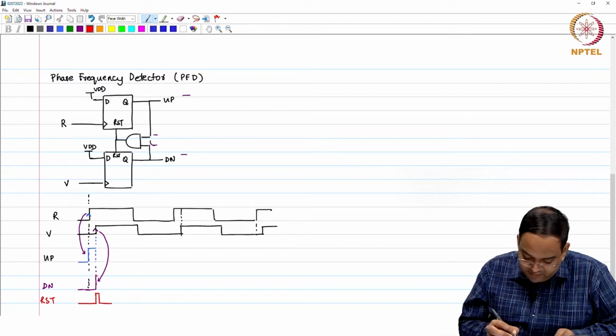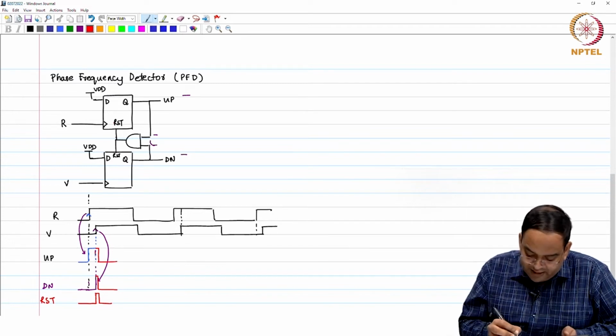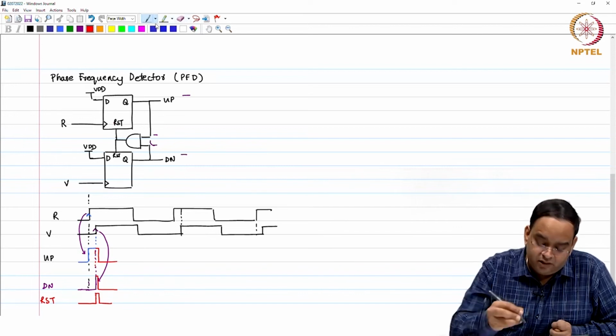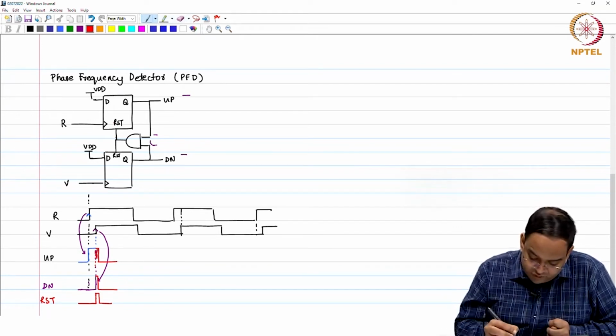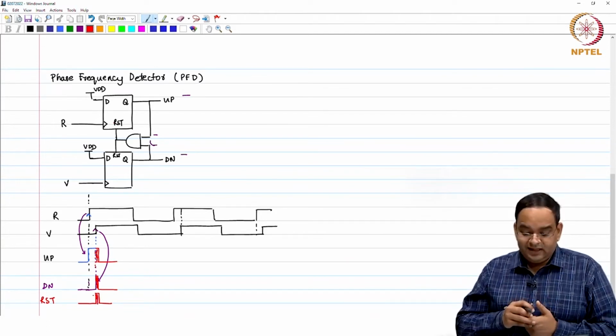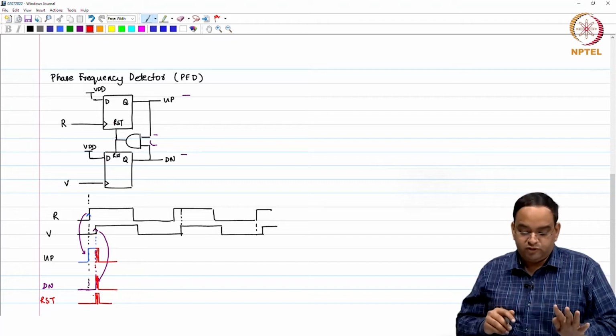Within this time you can see that your down signal will go low and your up signal will also go low. Right now this particular delay is very small, you can just neglect it. I deliberately did not make it so that down remains low and up also comes low.